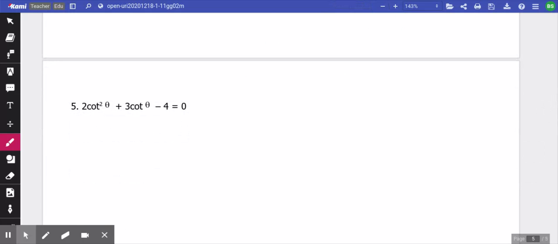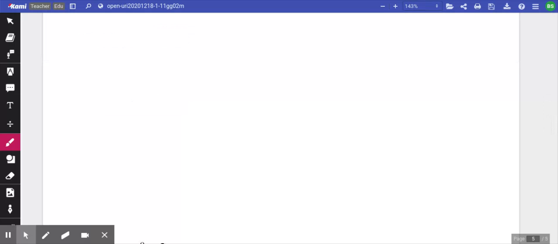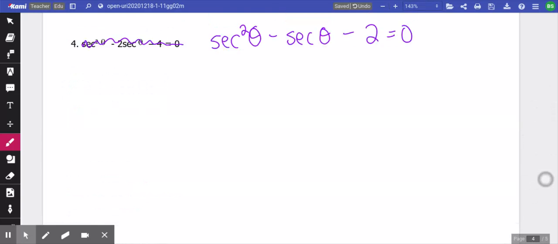Number 5, you don't have to do at all. And then I want you to do number 6. So number 6, again, it's in cosecant. So leave it in cosecant all the way through until you find out what the cosecant theta is equal to, and then change it to sine. All right, so that is what you'll be doing now.